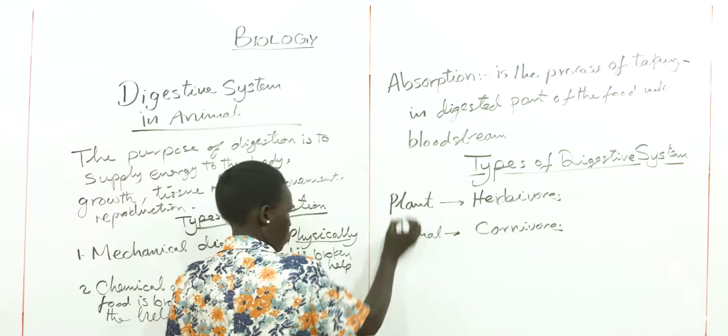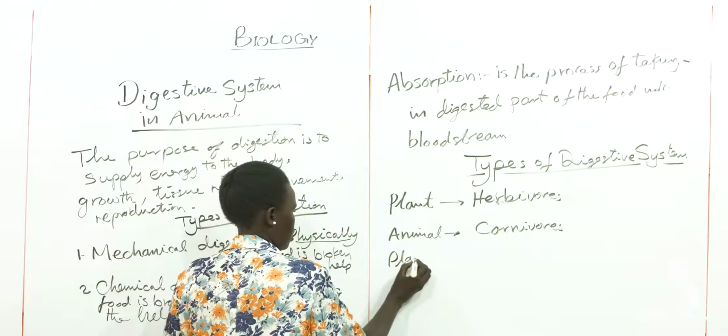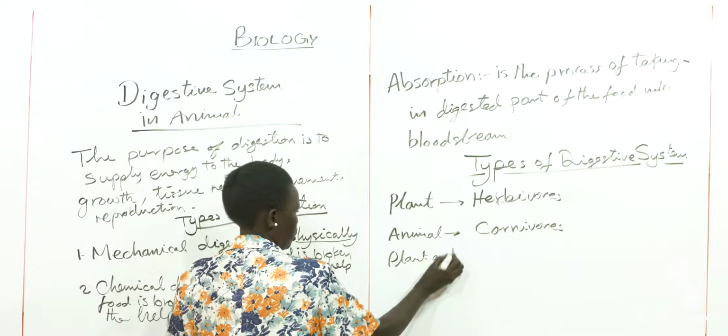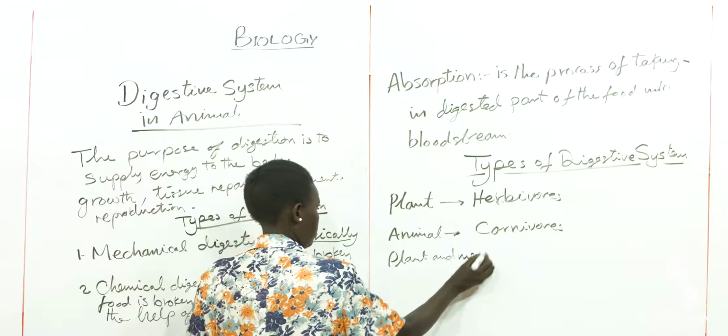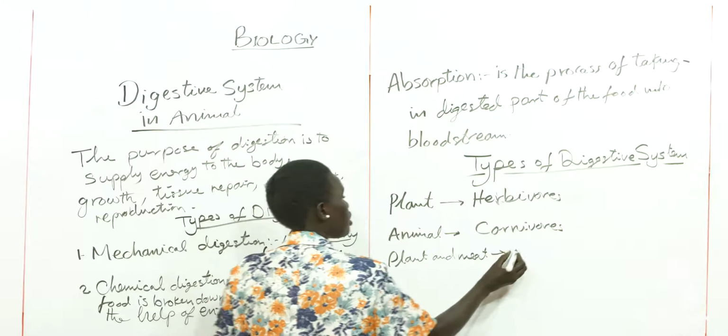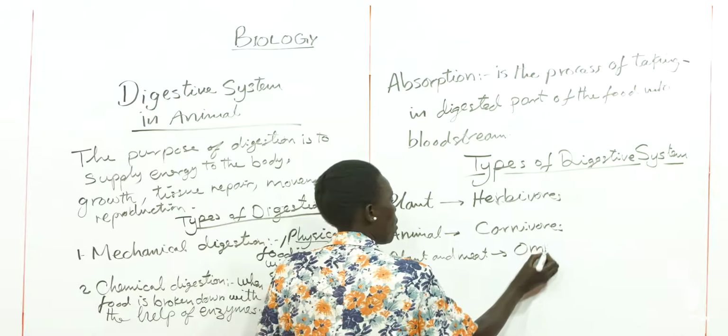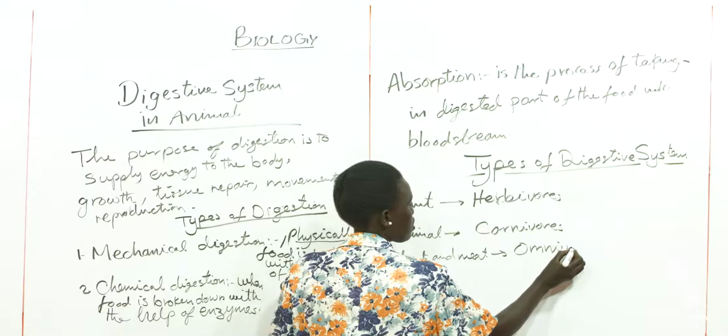The group that mixes plants and meat or animals is known as omnivorous.